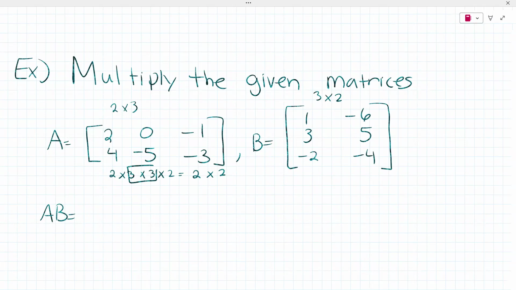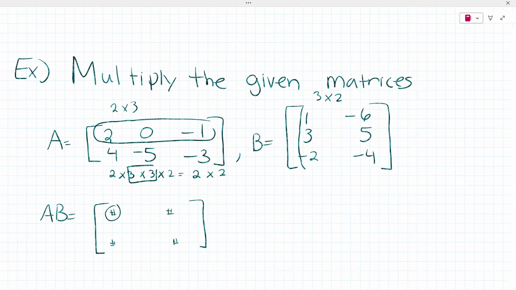So how do you do these ones? It's going to be a 2 by 2 matrix, and basically we have to find a number here. This will be a number, this will be a number, this will be a number, and this will be a number, right? So let's start with this number. What would this number be? It's basically this row by this column, right?